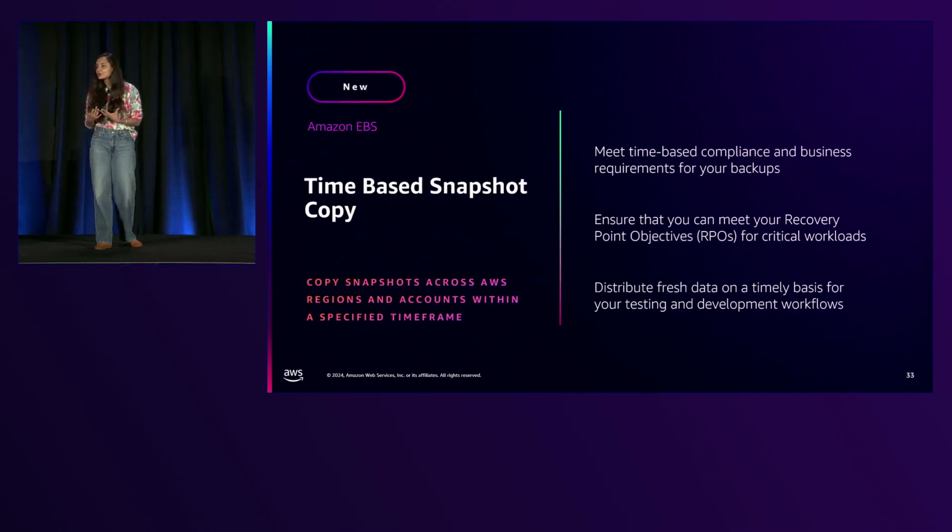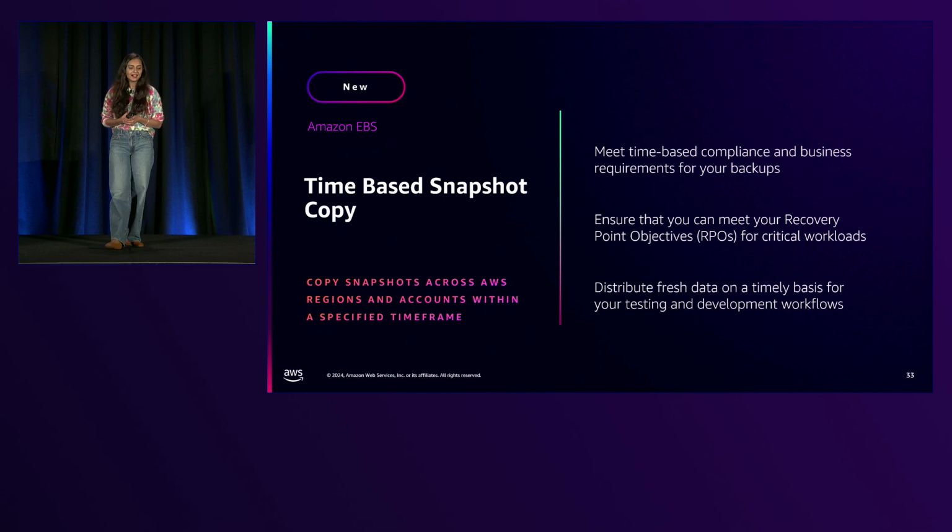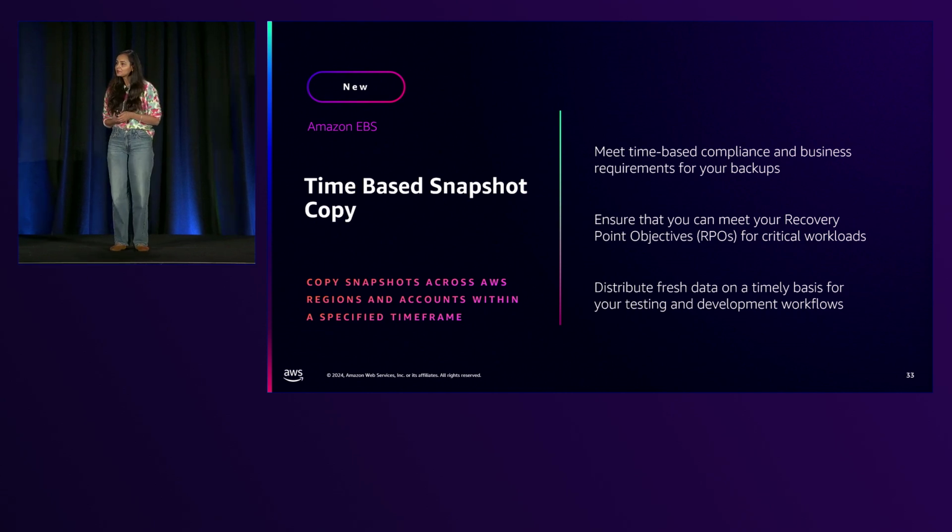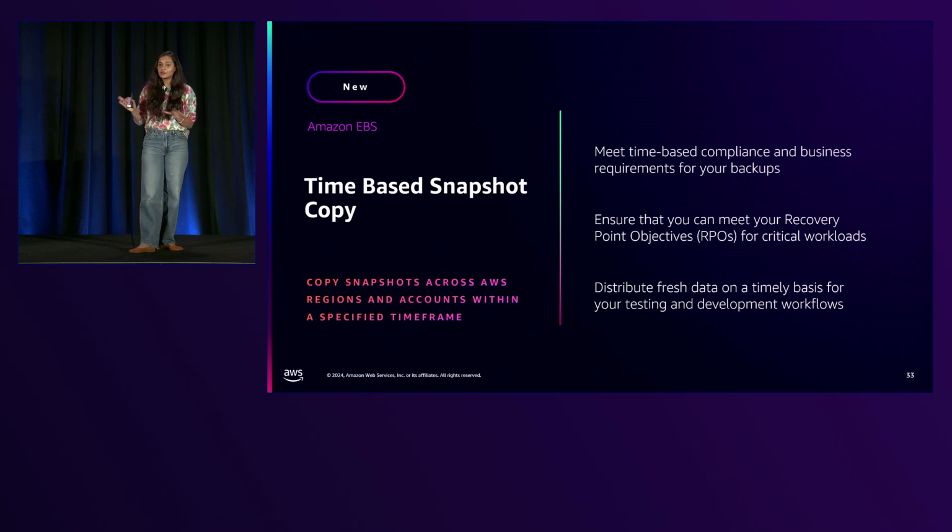This is the new feature that we just launched last week. It's called time-based snapshot copy. The use case for this is that a lot of our customers, when they copy snapshots, specifically for disaster recovery workflows, have strict RPOs, or what we call recovery point objectives. In order to meet that, they need a duration-based experience.